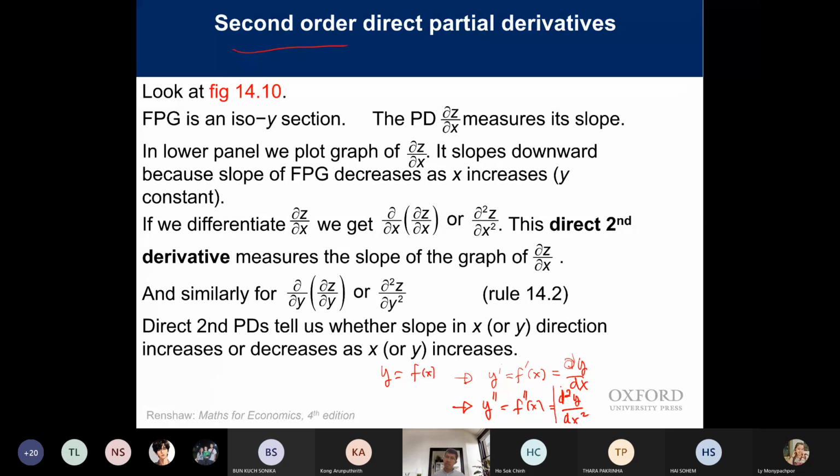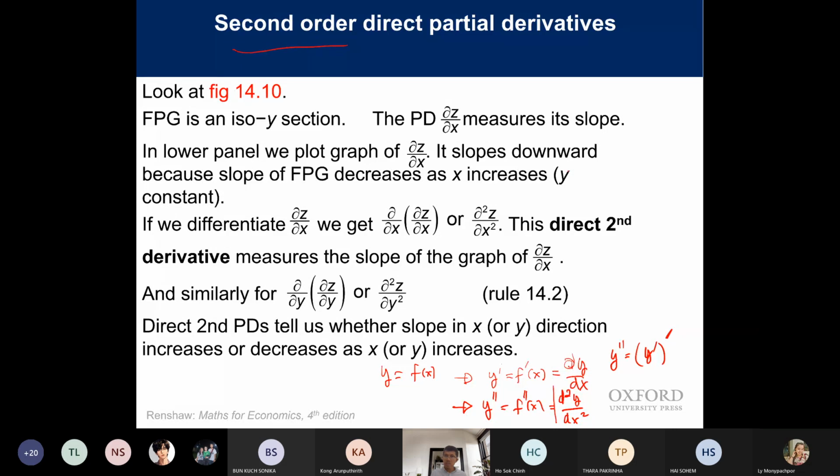As I said, we have to use the d notation most of the time rather than the prime notation to denote derivatives. To come up with the second derivative, you have to differentiate the first derivative, right? It's the derivative of the derivative, which is the second derivative.